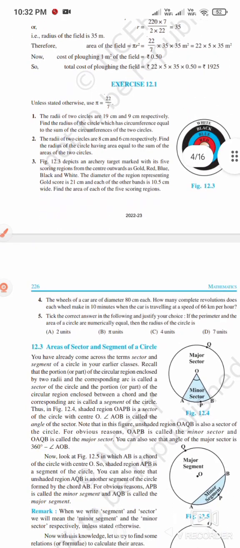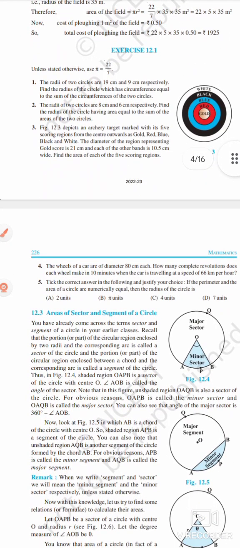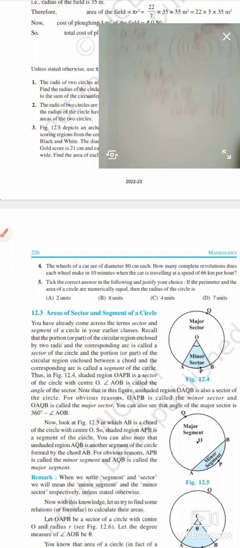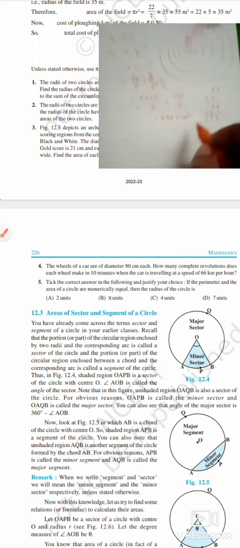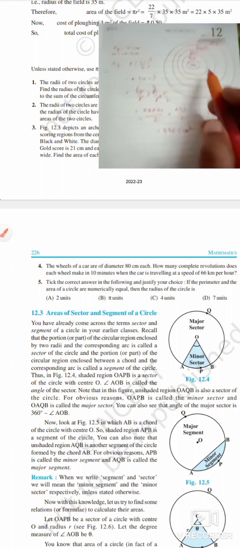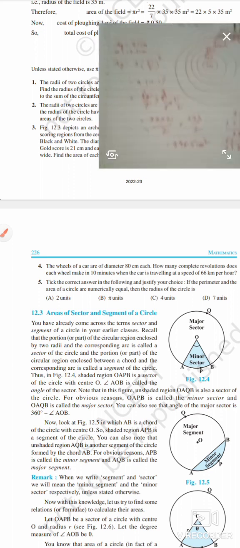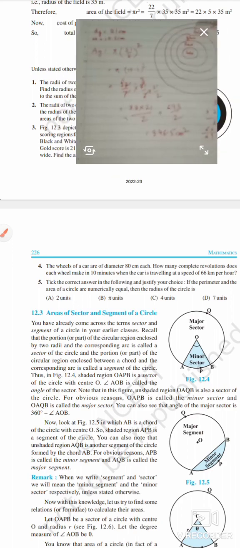Okay, coming to the next part. So here I have already found the area of the gold region. Now I will be finding the area of the red region.